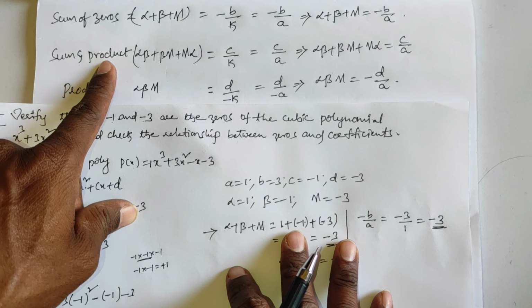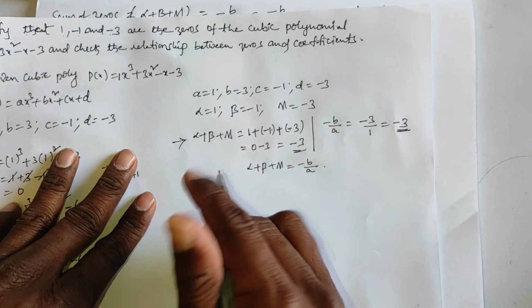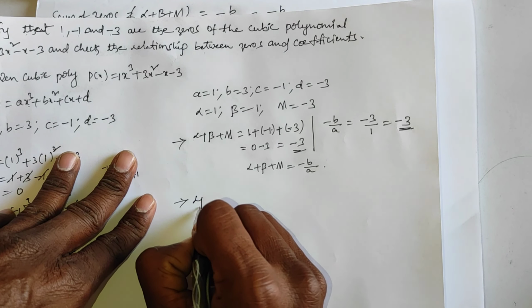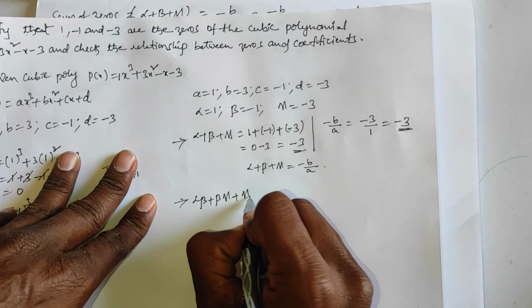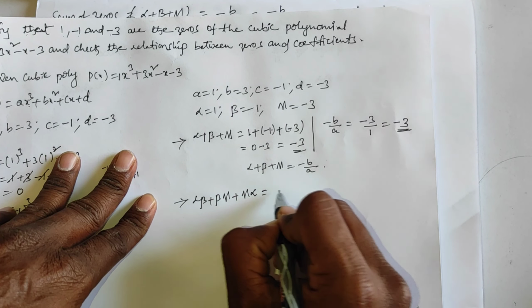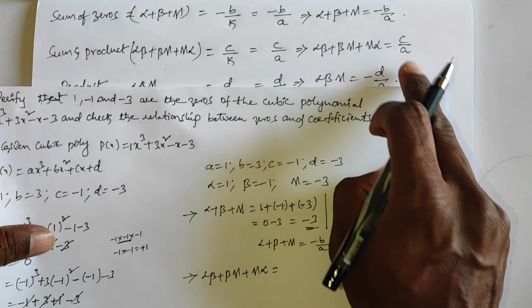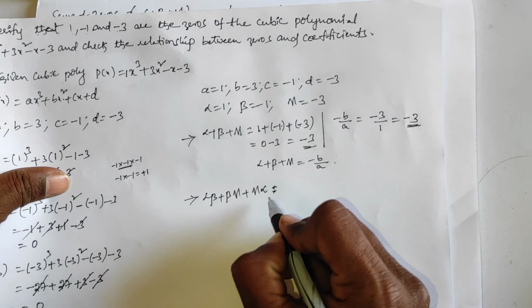Second one: sum of products taken two at a time. What is the formula? Alpha beta plus beta gamma plus gamma alpha equals c by a. First we will verify this one.